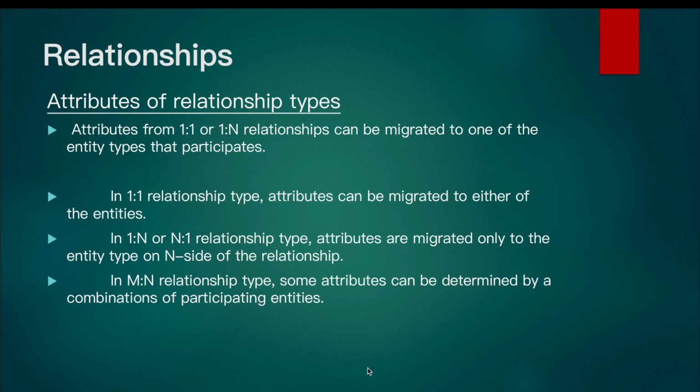Attributes of relationship types from 1:1 or 1:n relationships can be migrated to one of the entity types that participate. In a 1:1 relationship type, attributes can be migrated to either of the entities. I'll show you how.